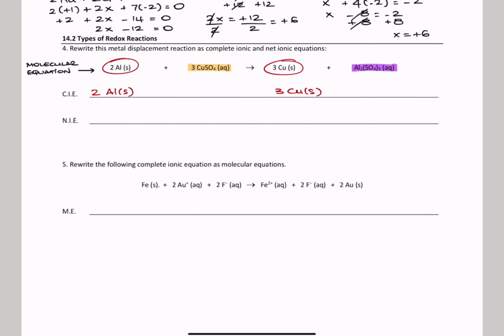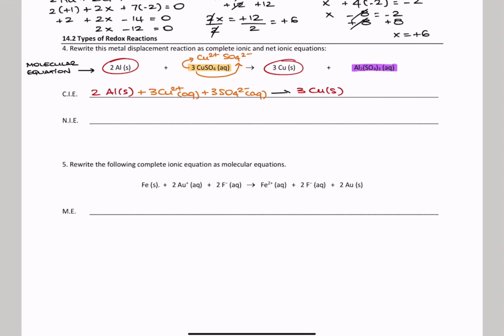So what is CuSO4 made of? It's made of Cu2+ and SO4 2- ions, but be careful, there's a 3, and the 3 distributes to each ion. Therefore, it's going to be 2Al solid plus 3 Cu2+ aqueous and plus 3 SO4 2- aqueous.